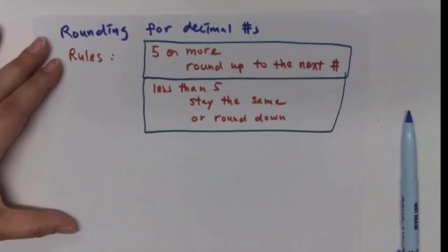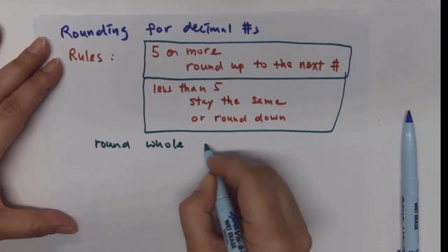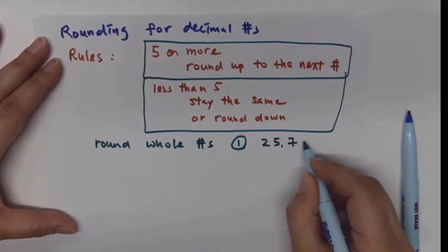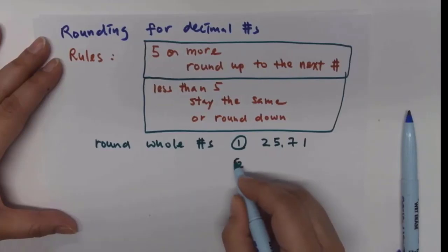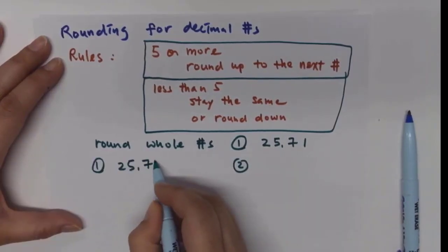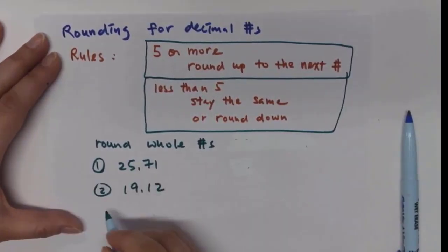For me, I stay the same number, but some of the books will say round down. Show you what they mean. Okay, let's say we are rounding to whole number. First one, I can have 25.71. Second one, I can have 19.12.